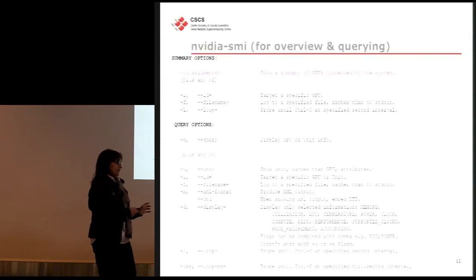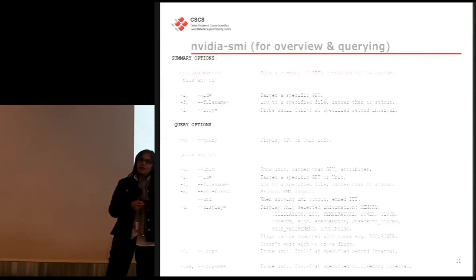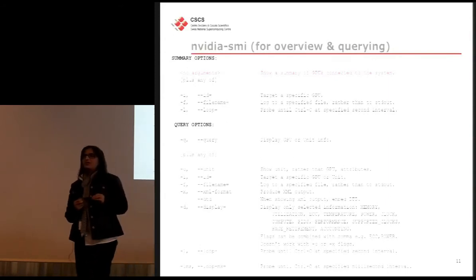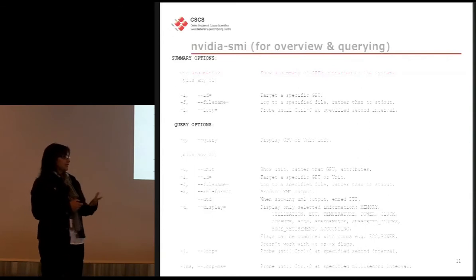Now this is where it gets interesting. If you are becoming more or less a power user, or a user interested in knowing the capability of your devices, you would like to find out maybe a little bit more. So what can you do? Summary options, the one we saw on the previous slide.